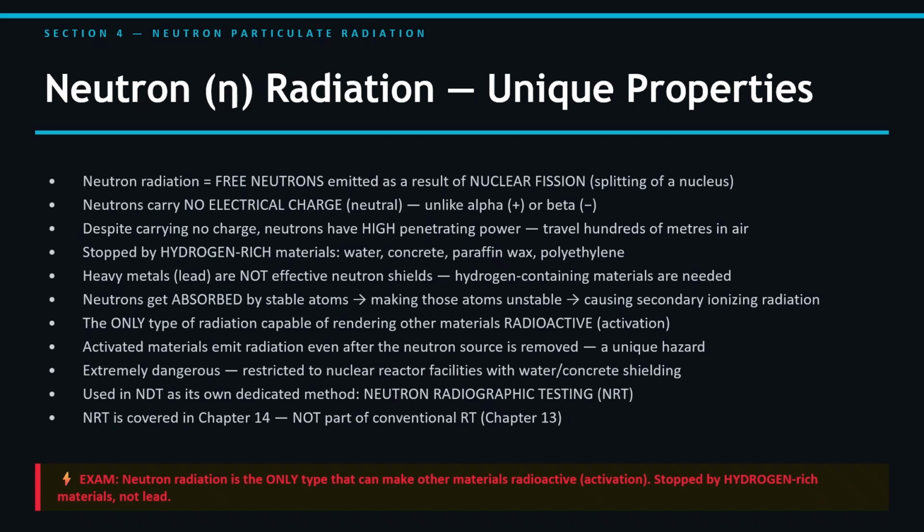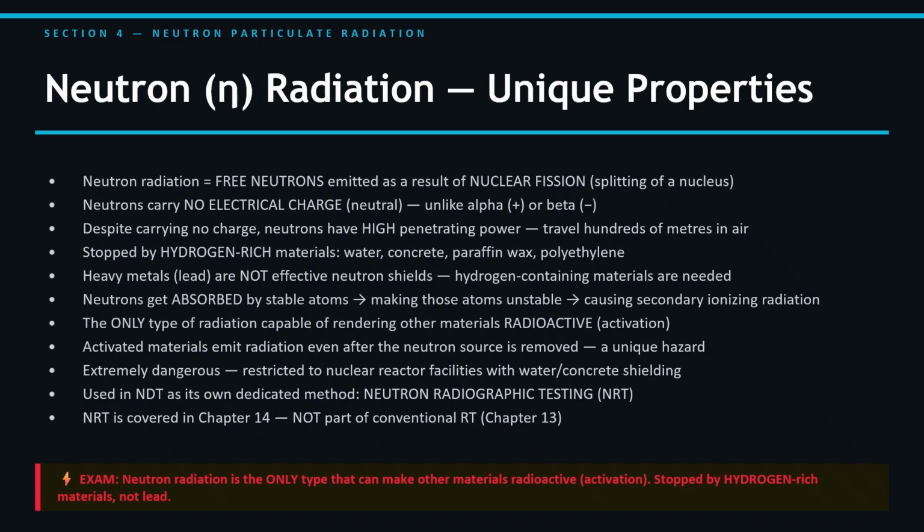That is not correct. Neutron interactions can also produce activation, meaning that some materials exposed to neutrons can themselves become radioactive. Neutron radiography is a specialized NDT method, but it is distinct from the conventional X-ray and gamma-ray radiography covered in this chapter. So for examination purposes, keep the identity clear.